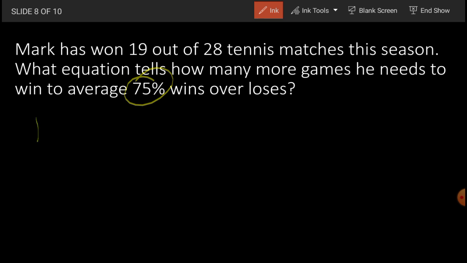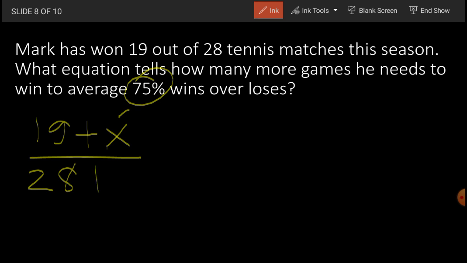So, if he already has 19 wins, add x more wins, we do not know how many, over, of course, x is also a number of games. So his first games are already 28 games, including the losses, plus of course x, since those are games also, equals, 75% in decimal is 0.75.